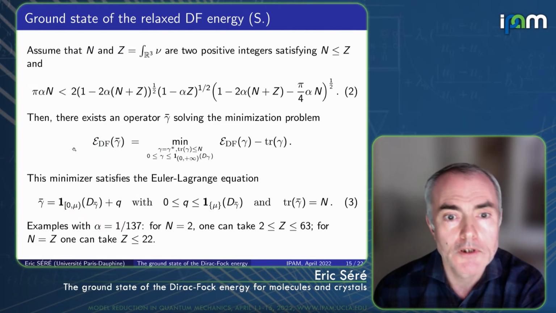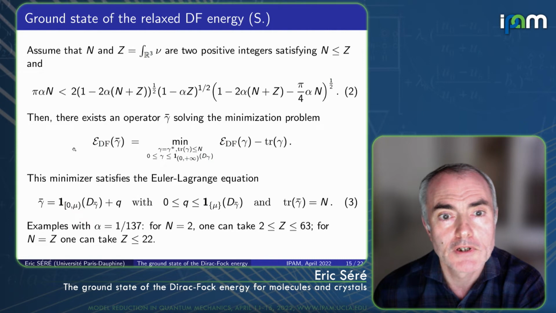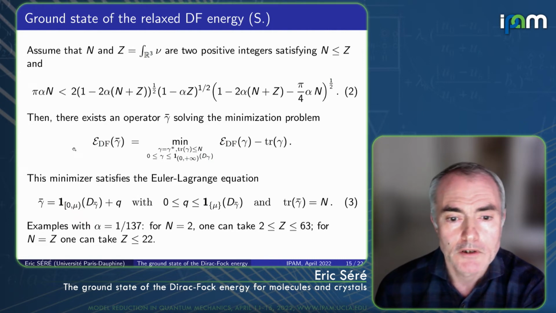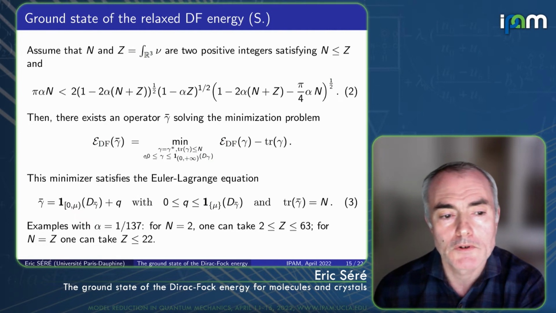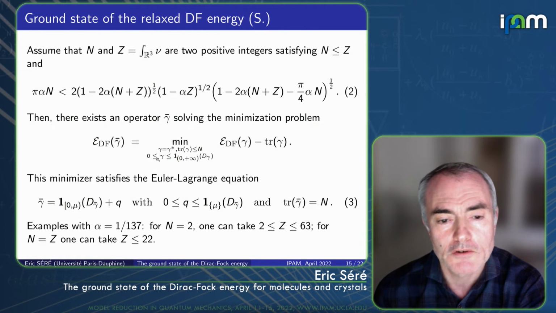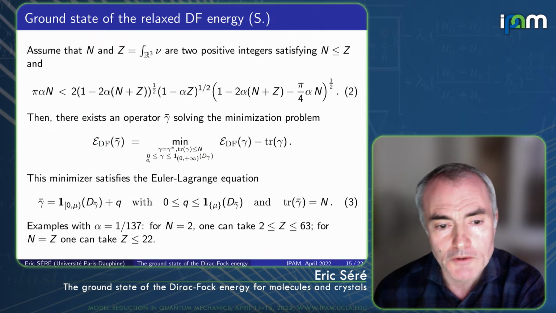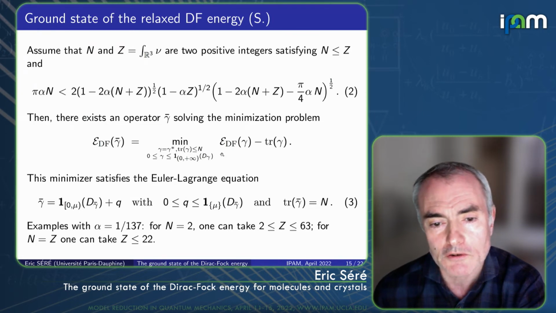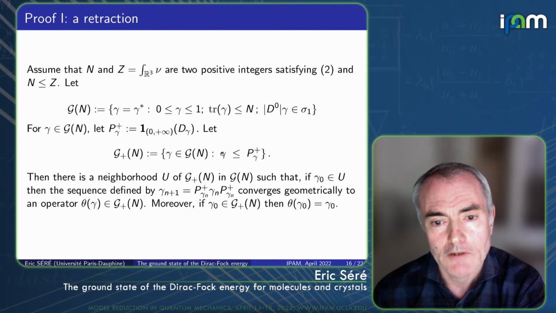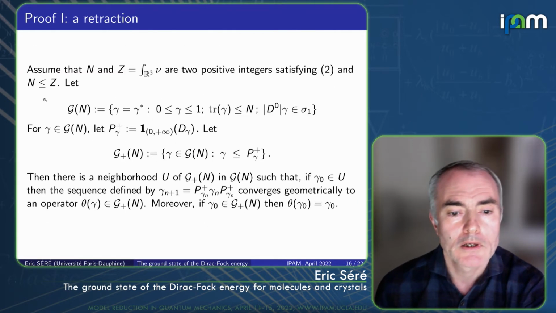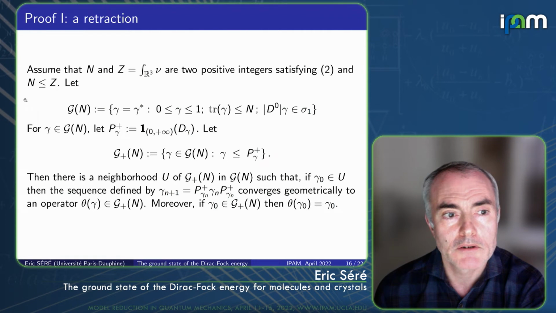So let me give you just a brief idea of the proof. First, in order to prove this existence result, what you have to do is to deal with the nonlinear constraint 0 less or equal to gamma less or equal to the positive spectral projector of D gamma. And the way it is done is to build what I call a retraction.